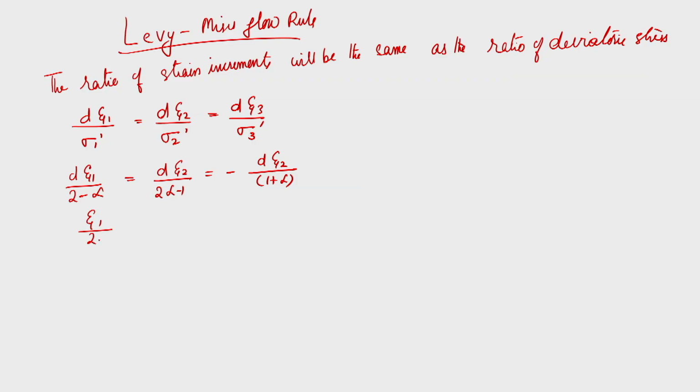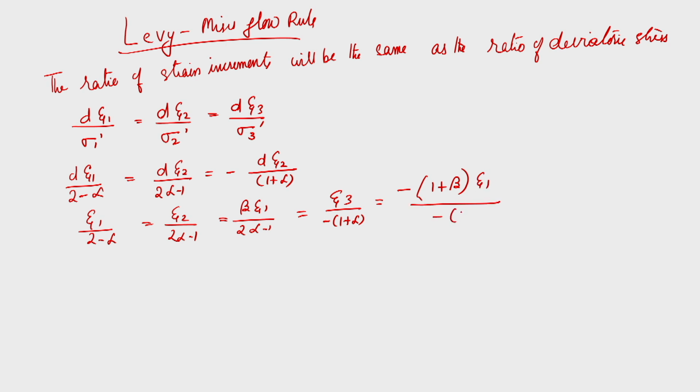So, epsilon 1 by 2 minus alpha is equal to epsilon 2 by 2 alpha minus 1, which is equal to beta epsilon 1 by 2 alpha minus 1, because epsilon 2 is equal to beta into epsilon 1, is equal to epsilon 3 by minus of 1 plus alpha. So, we can write it in terms of epsilon 3 also.